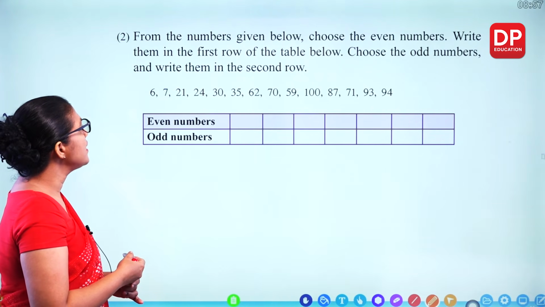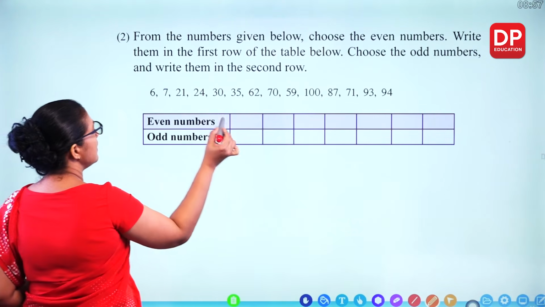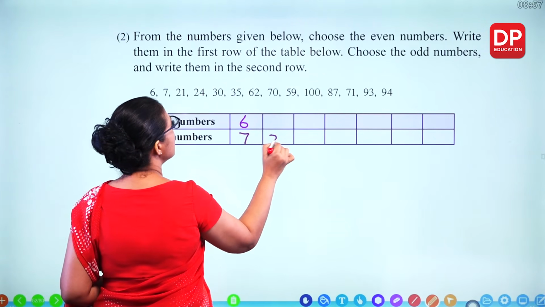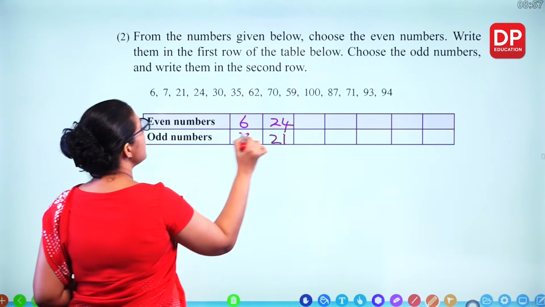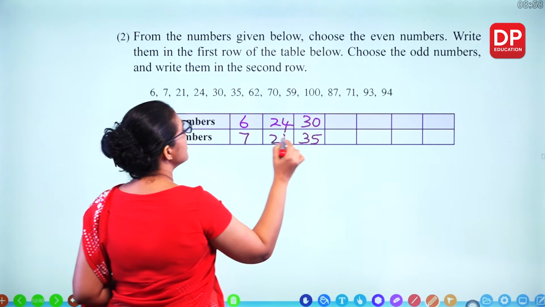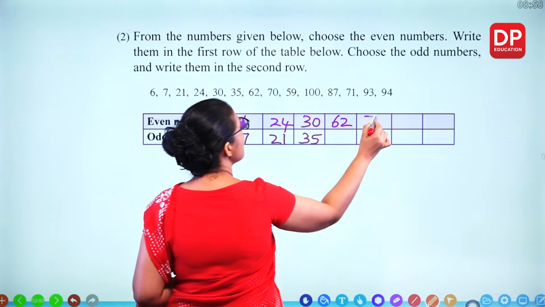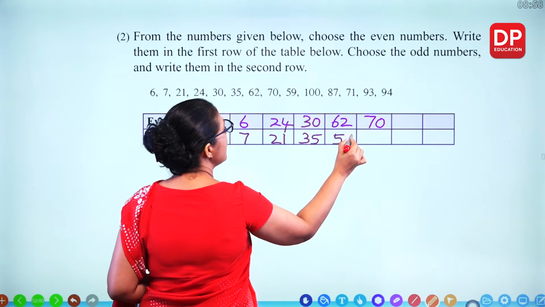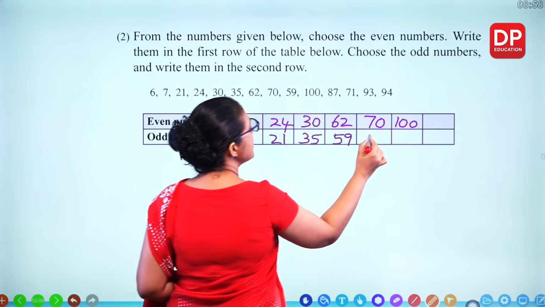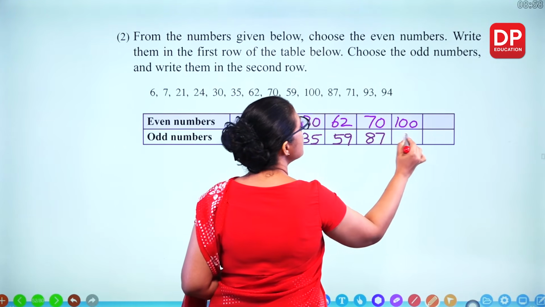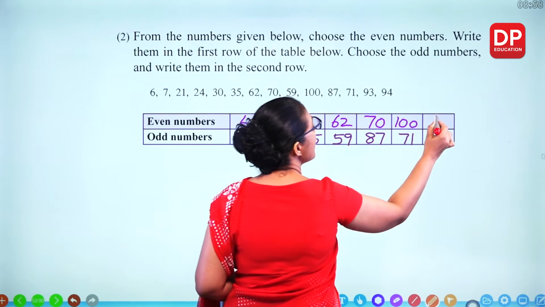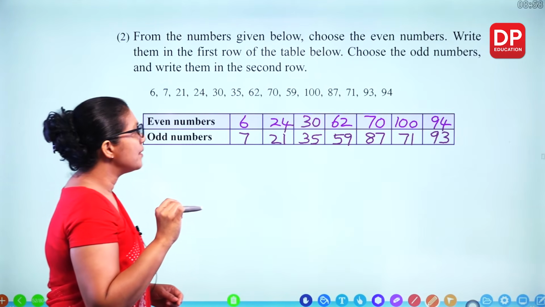Choose the odd numbers and write them in the second row. 6 is an even number. 7 is an odd number. 21 is odd. 24 is even. 30 even. 35 odd. 62 even. 70 even. 59, that's an odd number. 100, that's even. 87, that's an odd number. 71 is an odd number. 93 is an odd number and 94 is an even number.